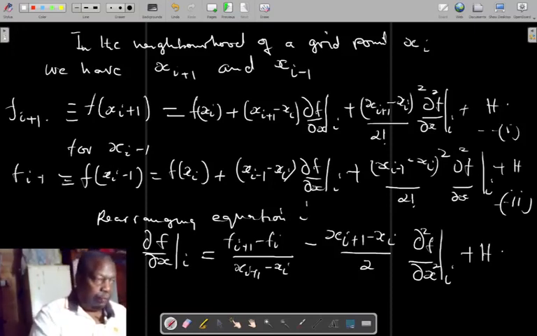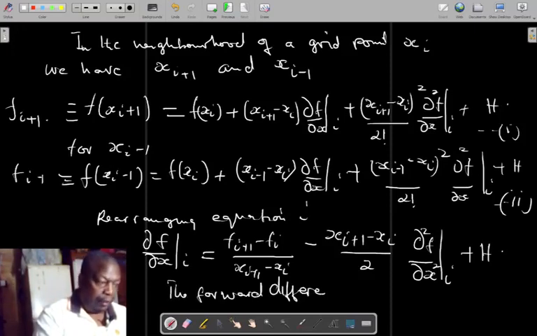And this gives us what we refer to as the forward difference scheme, denoted by FDS.